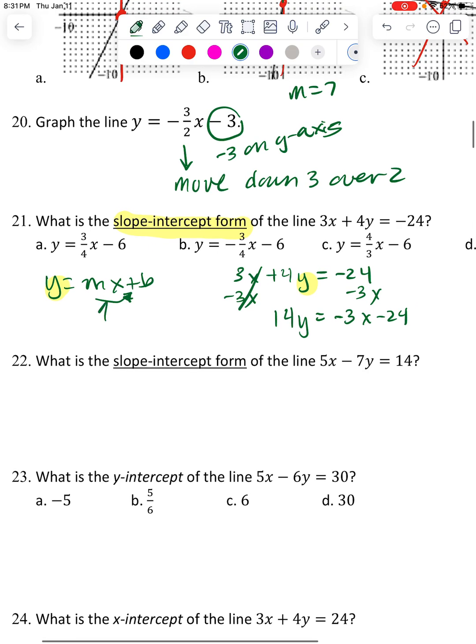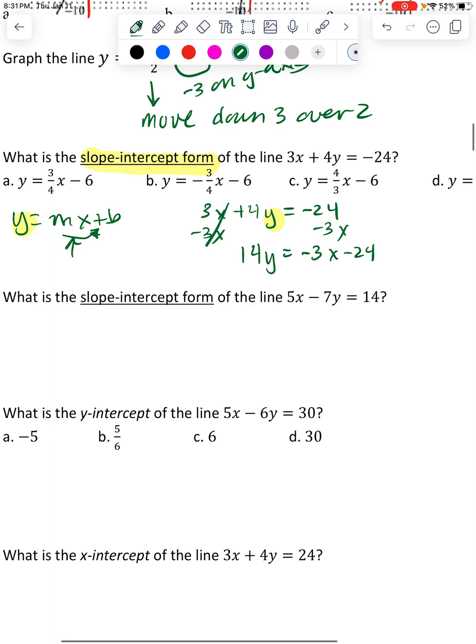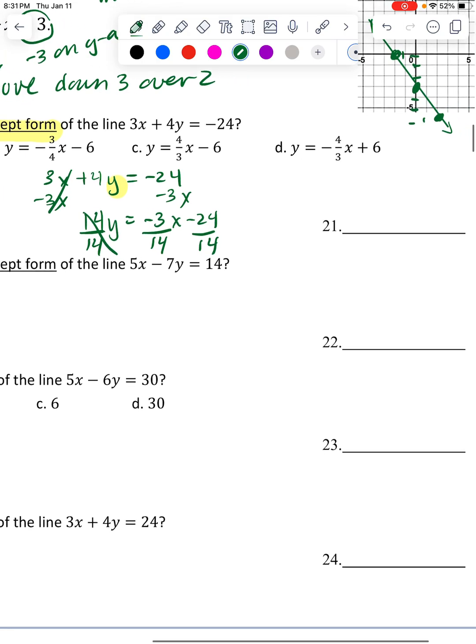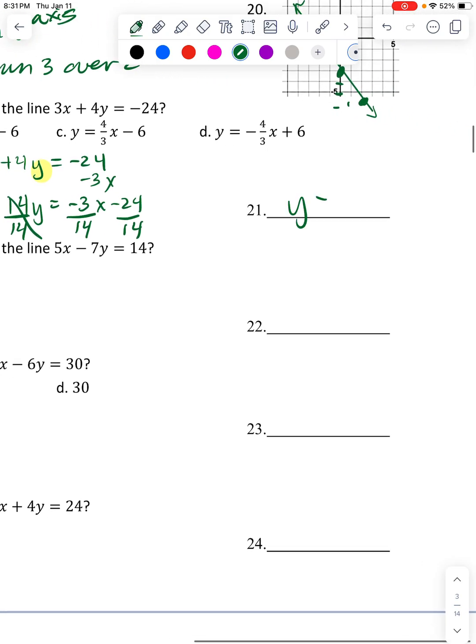And I put the x part in front because that's how slope-intercept goes. Then I'm going to divide each piece by 14, just like we did in the earlier problems. I'm going to reduce if I can. So like in this case, I get y equals -3 over 14, but then this is going to reduce because you can use your calculator or however you want to.